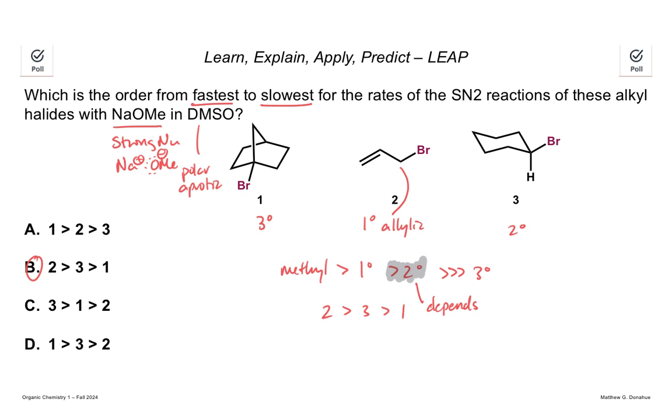So everything depends on the context. But tertiaries are pretty much SN1. Primary and methyl are SN2, and then secondary is the gray area.